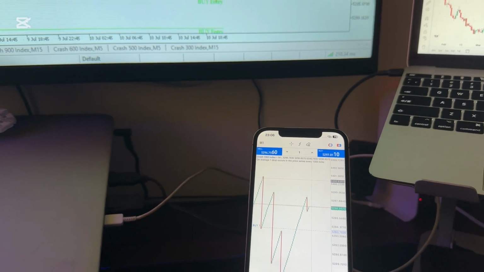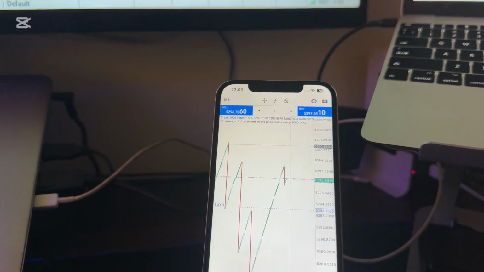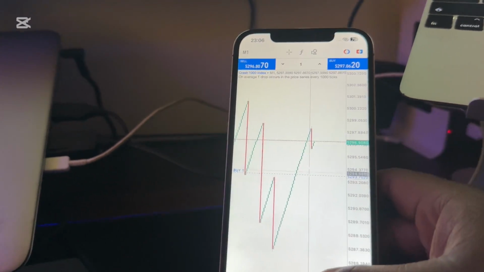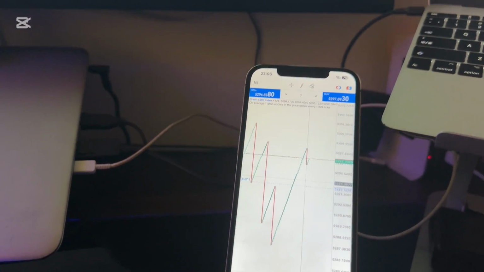I'm not saying hold your loss until you burn. I'm saying right now we're still in profit, so there's no need for us to rush to close this trade because we might actually make more. If the worst comes to the worst, we're going to close right there around our entry. So we're still fine with that.